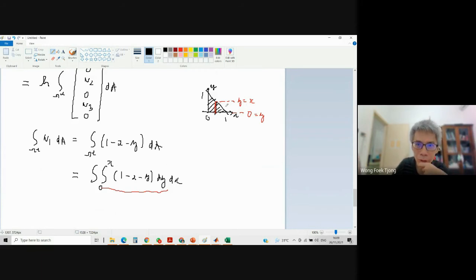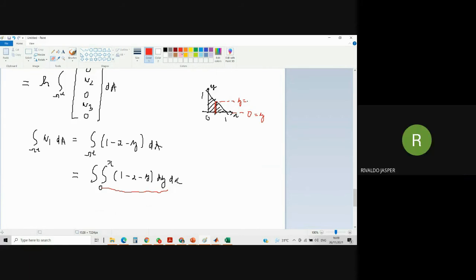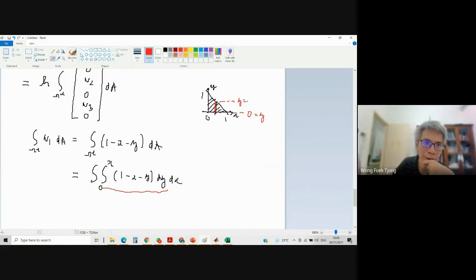Oh, no. This is not y equals x. Sorry, wrong. What's the line equation for this one? It is 1 minus x. Yes, sorry.